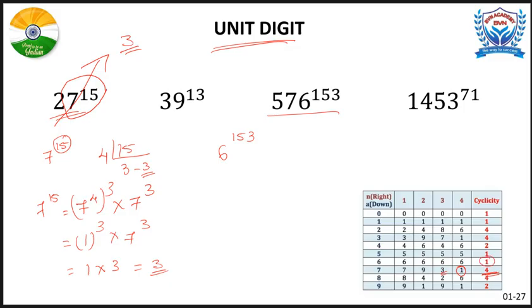That means 6 raised to any power will give you 6, because the cyclicity is 1. So 6 raised to the power of any number, it may be 153 or 53 or 100, whatever it is, the unit digit always remains 6. Hence you can straight away say the unit digit for this number is 6.